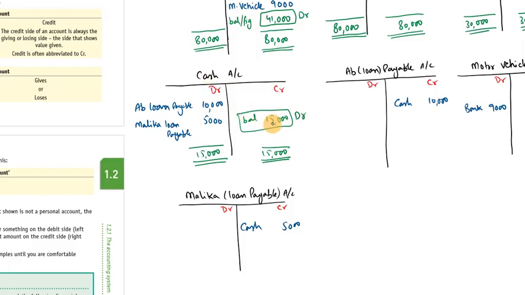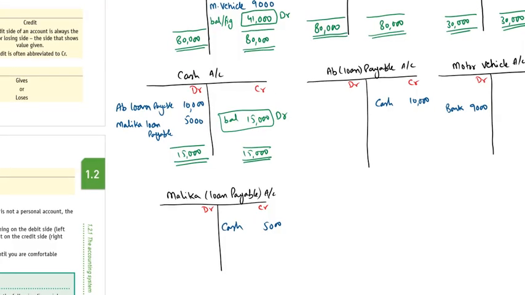It means the business has 15,000 in hand. So close this account. The balance is 10,000, so it means it's a credit balance.